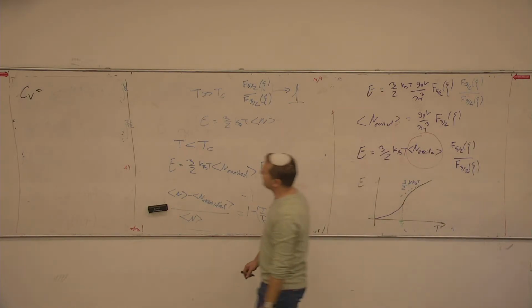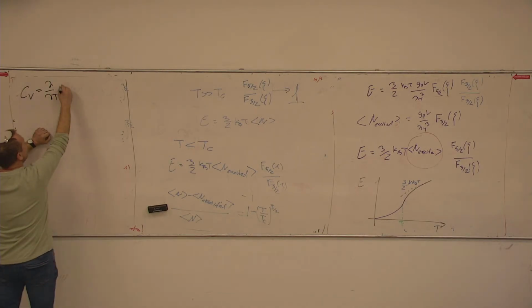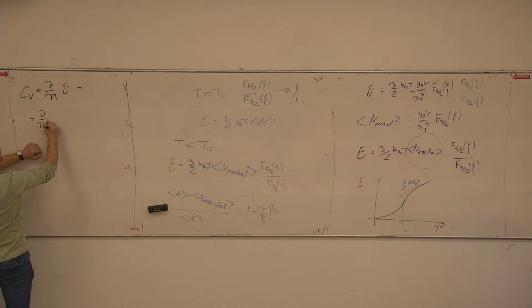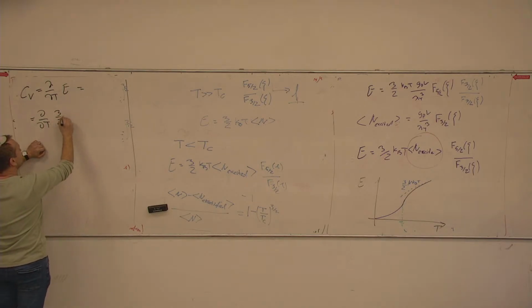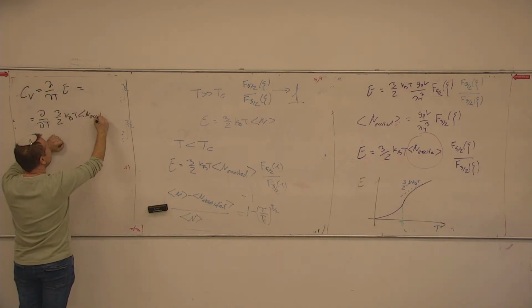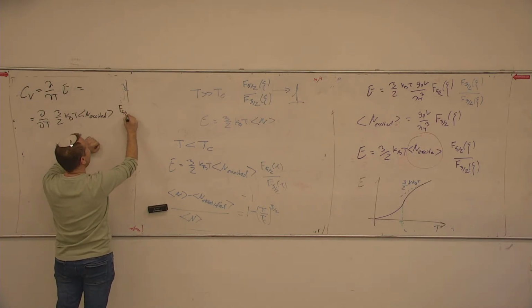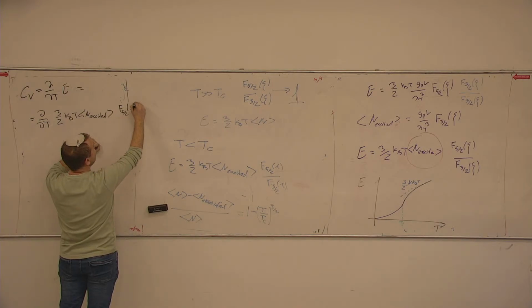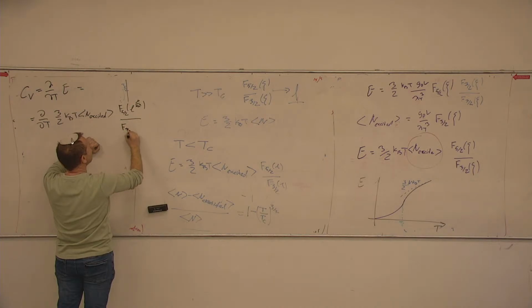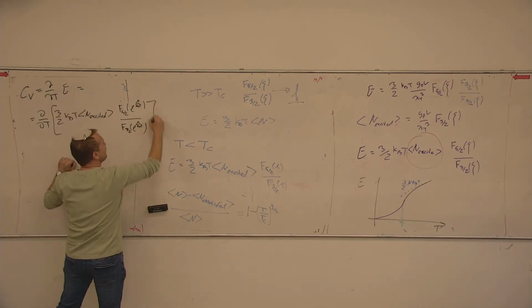So I can write it down as d/dT of E, which equals d/dT of 3/2 k Boltzmann T times n excited multiplied by F 5/2 of e to the power mu divided by k Boltzmann T, over F 3/2 of e to the power mu divided by k Boltzmann T. Now you don't have any magic tricks over here.